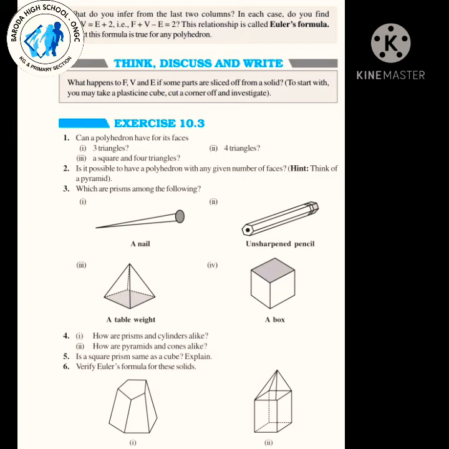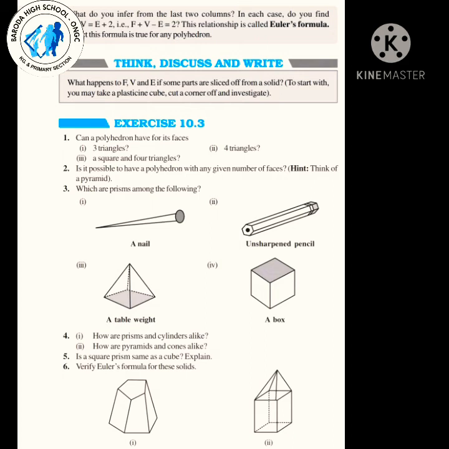That is, if we subtract the number of edges from the sum of faces and vertices, we'll get a constant number, that is 2. This relation is known as Euler's formula and it is true for any polyhedron.